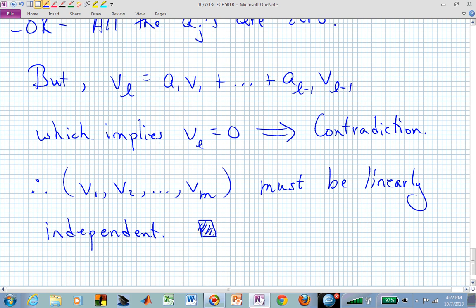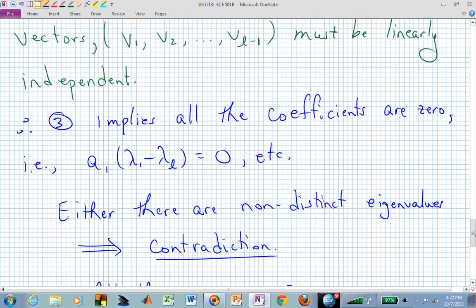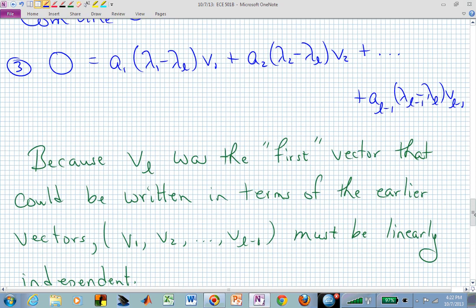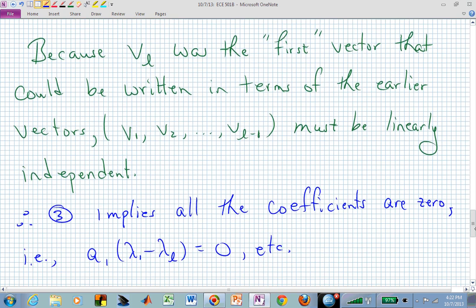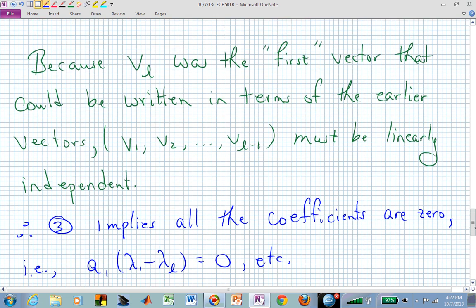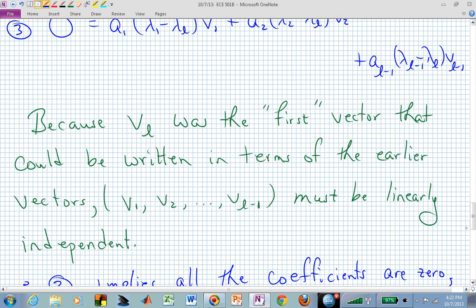Yes? Which three? Must be linearly independent, because, yes, these vectors, v1, v2 through v sub l minus 1, since v sub l was the first vector to be in the span of these earlier ones, then none of these earlier ones were in the span of the previous.